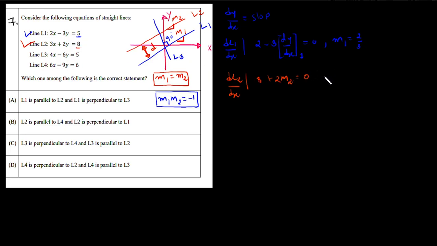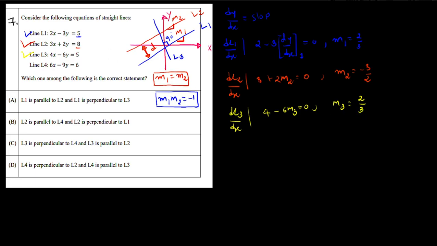So I can say the slope of the second line, m2, is negative 3 by 2. In the same way, for the third line, del L3 by del x, we have 4 minus 6 m3 equal to 0. So I can say m3 is 2 by 3.